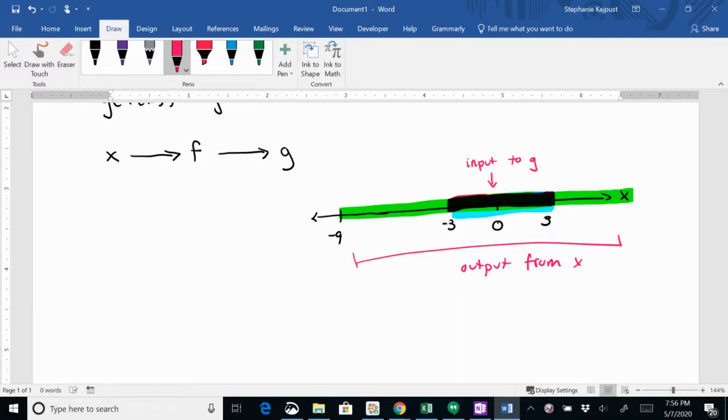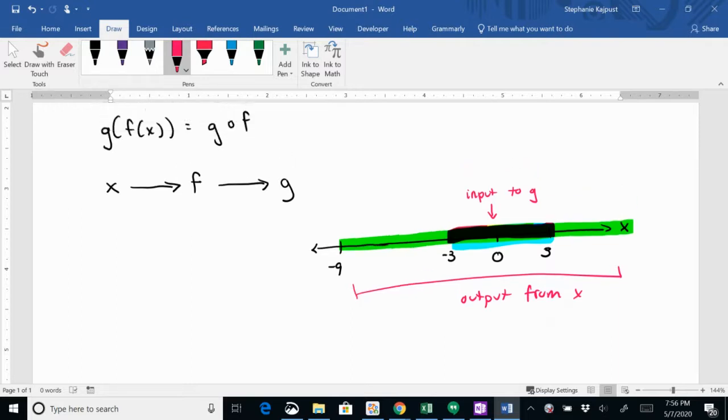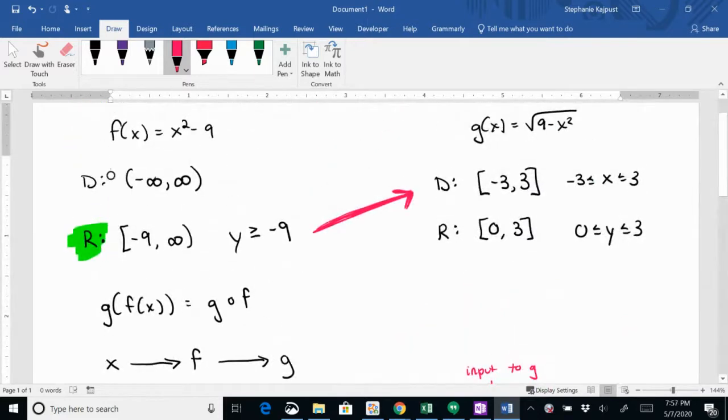So we're getting more values as outputs than we are allowed to plug into g. We have some issues there. So we're only allowed to plug in the values from -3 to 3, because that is our domain for g of x here.